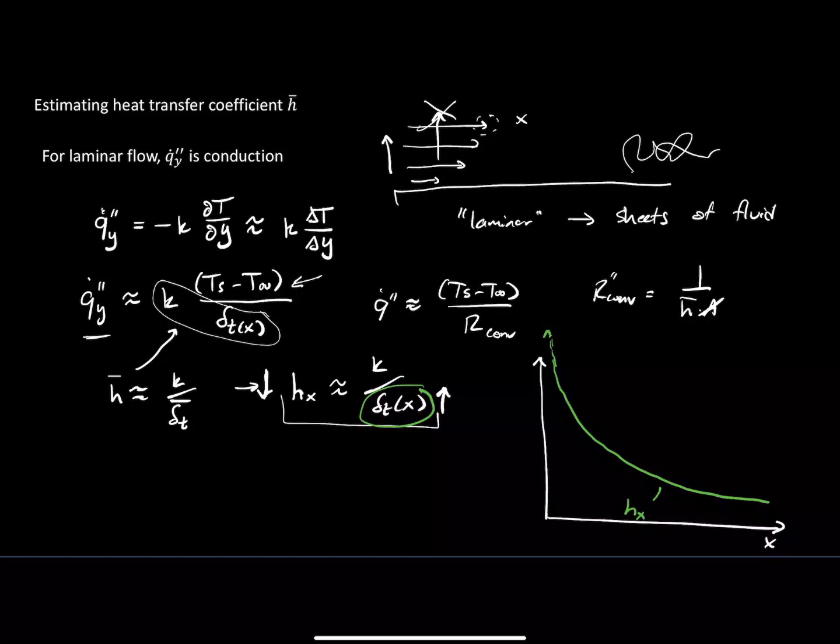We can sketch out the boundary layer that goes with that. That's going to look something like this. This is my delta T as a function of x. Likewise, you can do the same thing for the momentum boundary layer. The momentum boundary layer looks something like this. Delta M is a function of x.